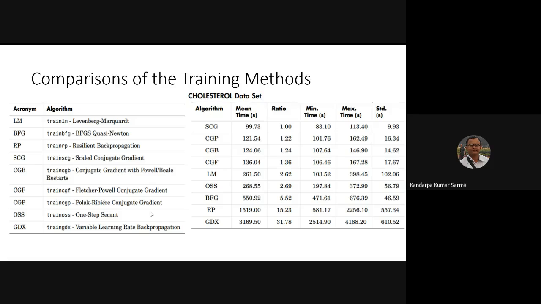And in most of the cases, people find the scale conjugate gradient and Levenberg Marquardt methods are the most reliable, popular, faster, and resilient means of training a feed-forward network.